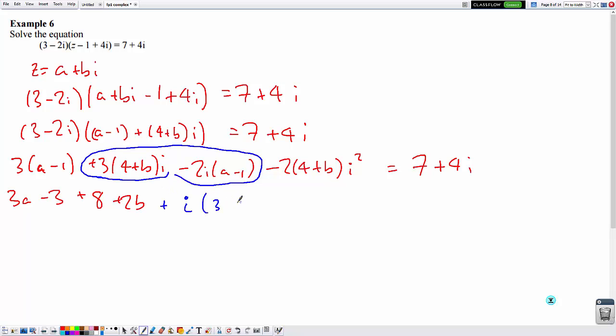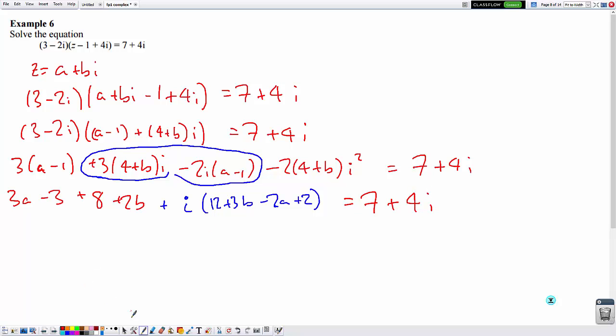I've got 3 lots of 4 plus b, and let's multiply it out now, so I've got 12 plus 3b. And in here, I factorize out the i, so I've got minus 2a, and then minus 2 times minus 1 is just plus 2. And this whole thing is equal to 7 plus 4i.